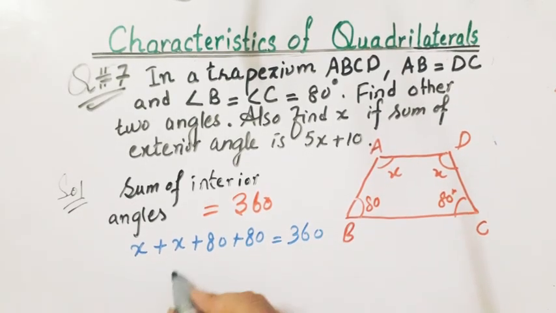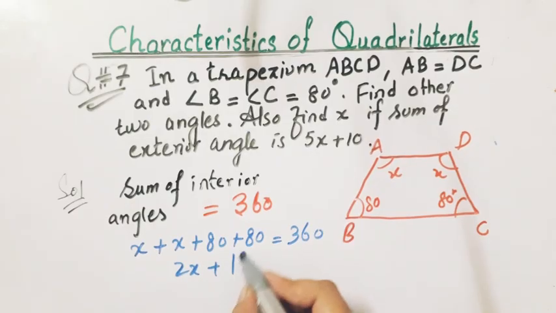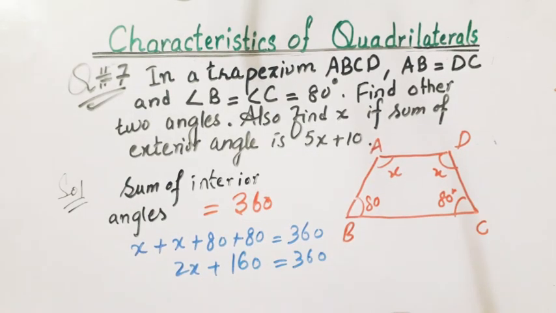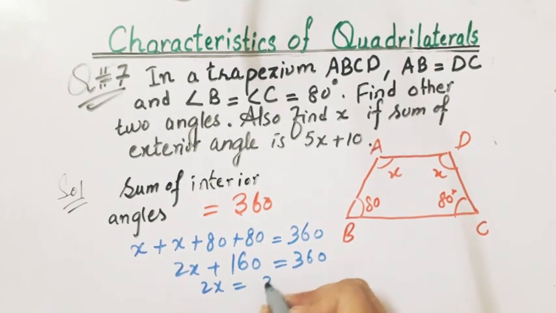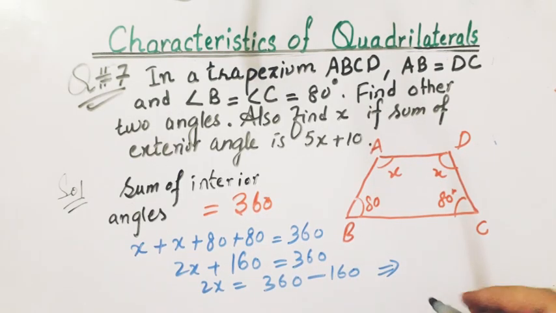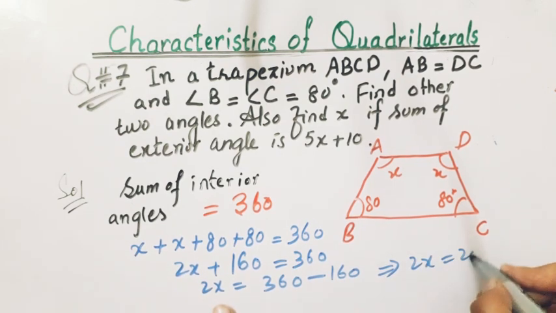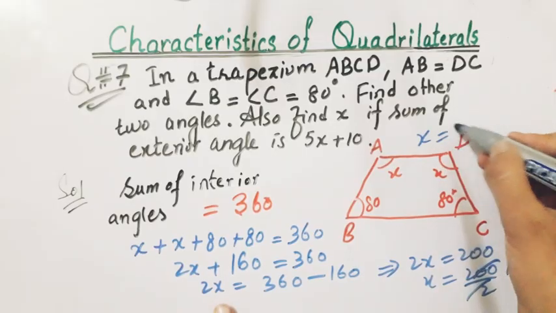It means x plus x is 2x and 80 plus 80 is 160, that equals 360. So 2x equals 360 minus 160. This implies that 360 minus 160 equals 200. So we know that 2x equals 200. 2 is multiplied here, so it will be divided. So 200 divided by 2, we get the answer x equals 100.